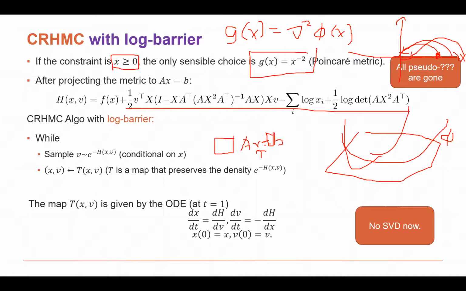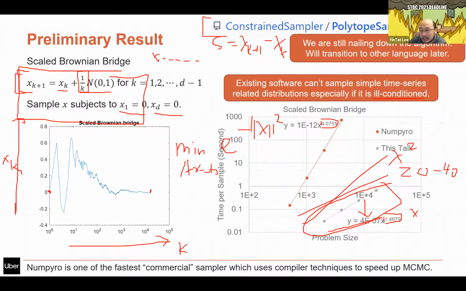For example, in my experiment here, although I didn't write down the number of iterations for our algorithm, we take 20 to 40 iterations per sample, even for very large dimension.